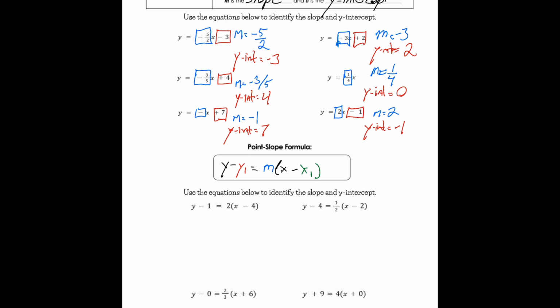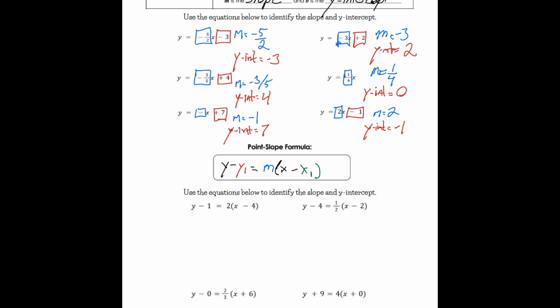So we can use this formula if we know what the slope is, and we have a bunch of different ways we can find out the slope. We just learned some of them, right? If you're given a graph and you're given 2 points on that graph, you can count up and over. You can do your rise over your run. If you're given a table, you can do your rate of change, your change in y over your change in x.